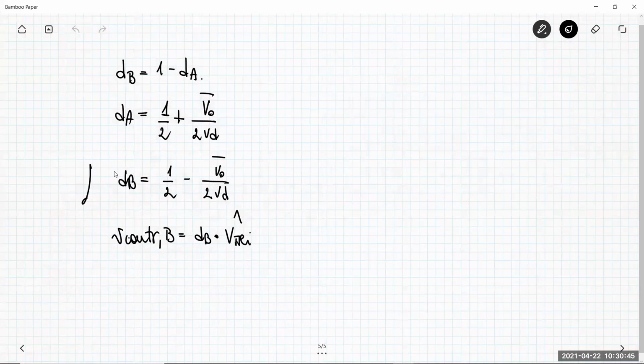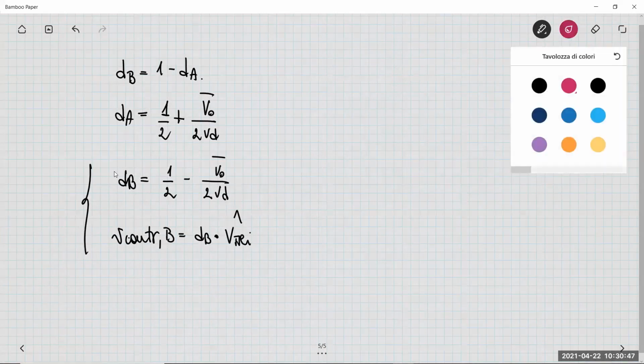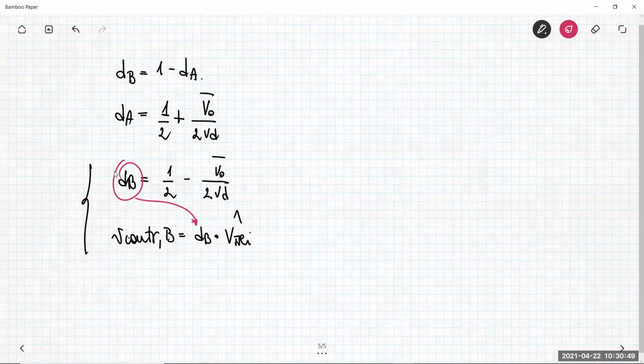So using these two and putting dB here, you can find that V control B is V triangular peak divided by 2 minus the V naught average value, suitably scaled.